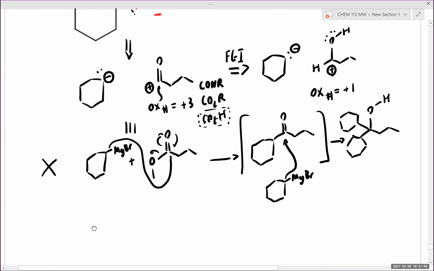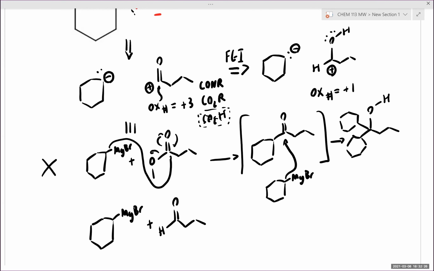We have another proposal. And that is, we can still go through a Grignard, but let's go through a different carbon oxidation state. So in this case, we have a fragment with an oxidation number of +1. And this brings us back to the student's main idea, which is to use an aldehyde instead. Okay, that is fine.